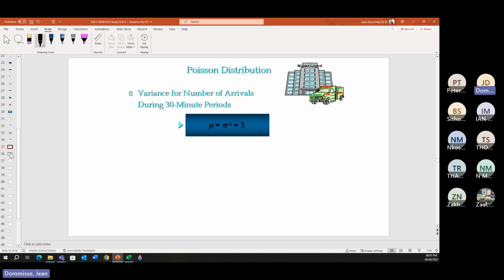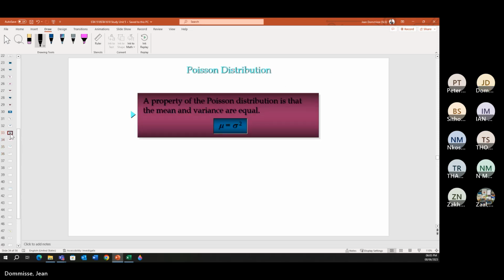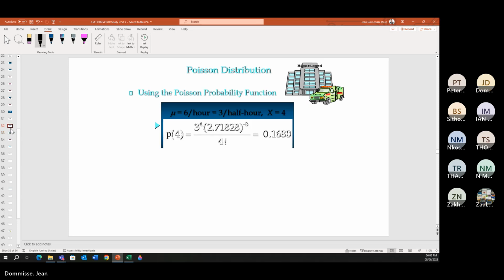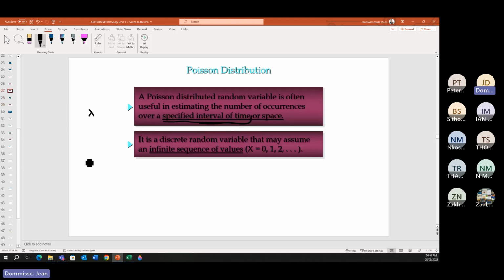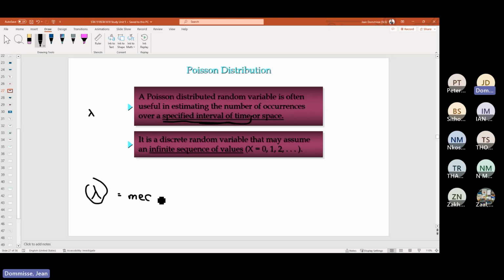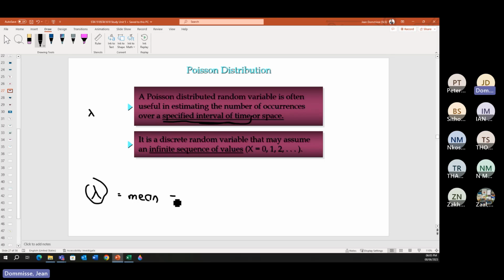Okay, so what we needed to add here, so we will talk about the rate lambda. Again, we'll get to exercises where we have that, but that lambda will be equal to your mean, and that lambda will also be equal to your variance.